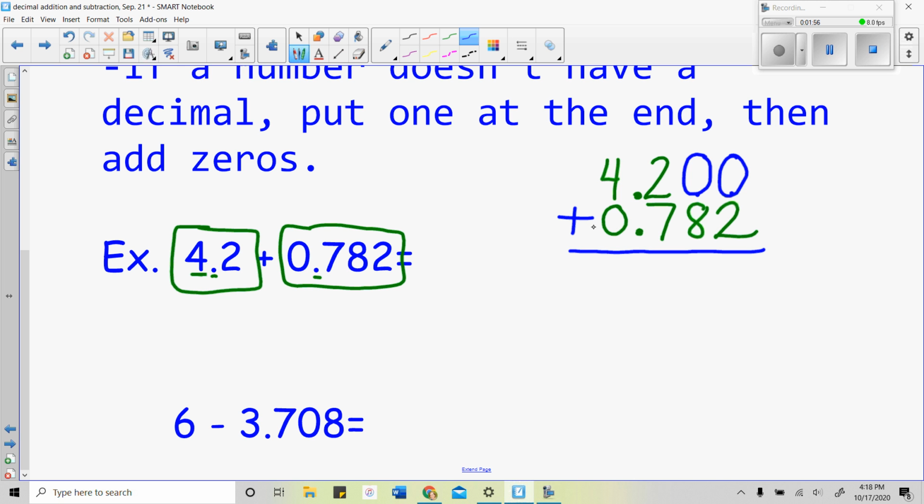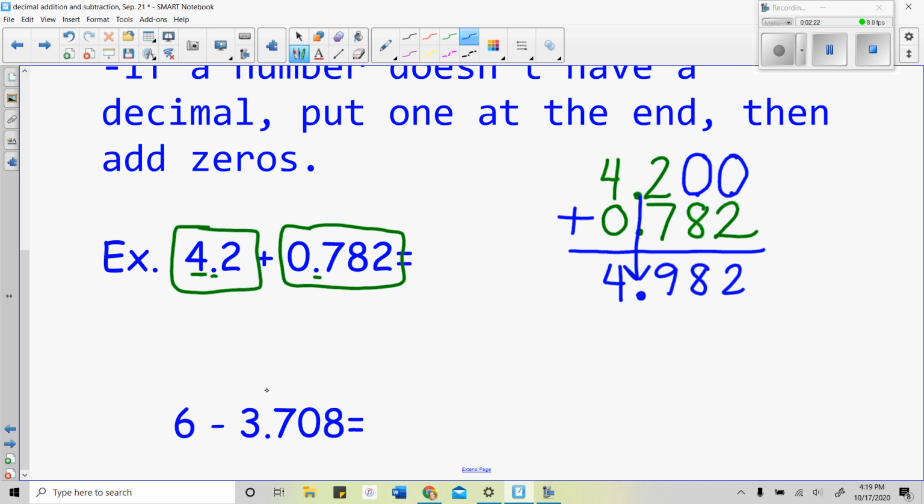So now I can just add and subtract the numbers like I normally would, and the correct place values will align and the decimals will be lined up as well. So 0 plus 2 is 2, 0 plus 8 is 8, 2 plus 7 is 9, and 4 plus nothing is 4. Now when I'm done, that decimal that is lined up is going to drop straight down in between my ones place and my tenths place.